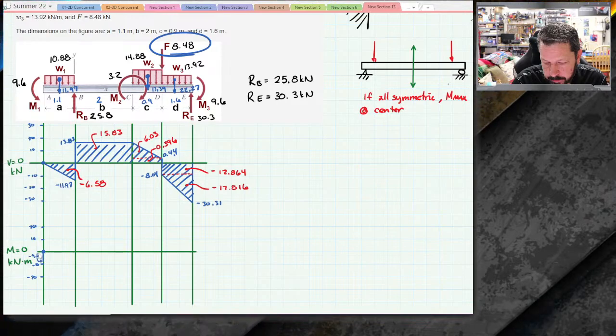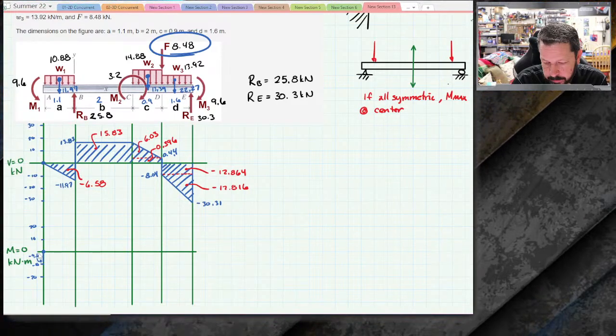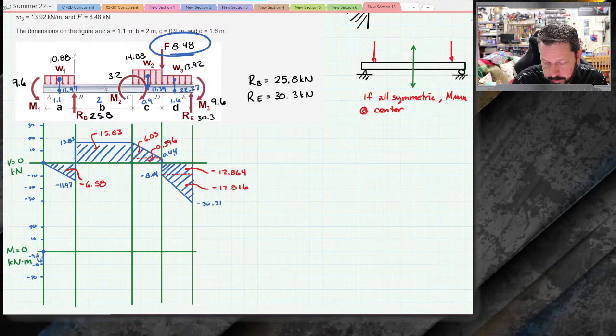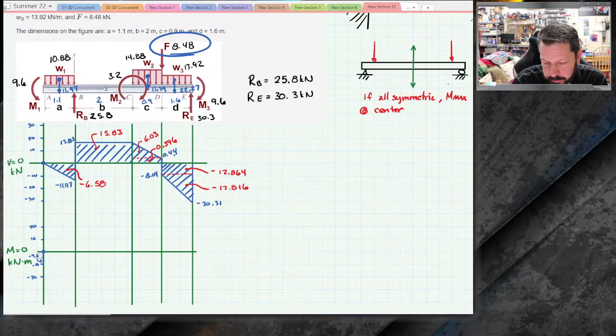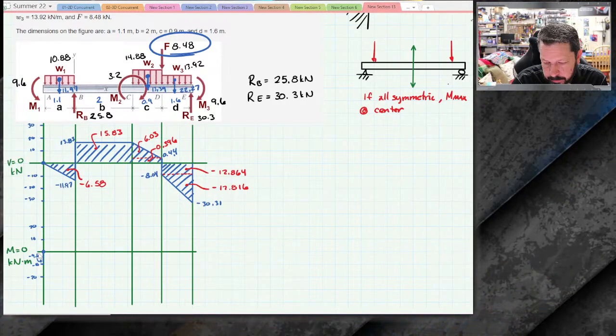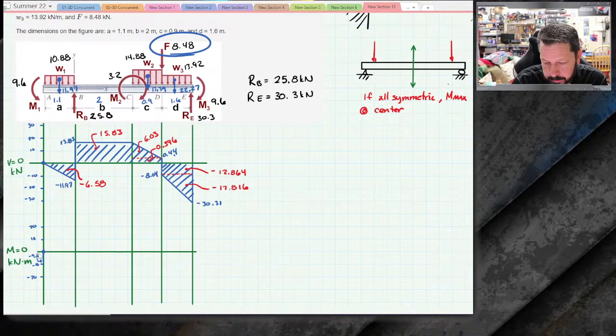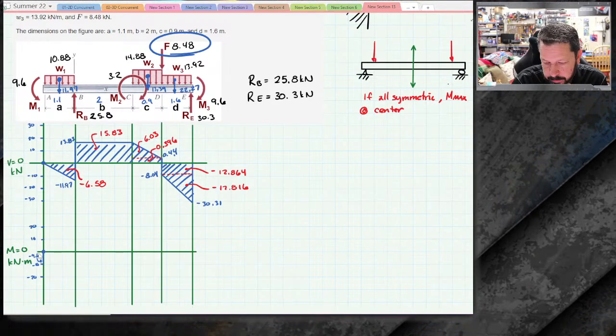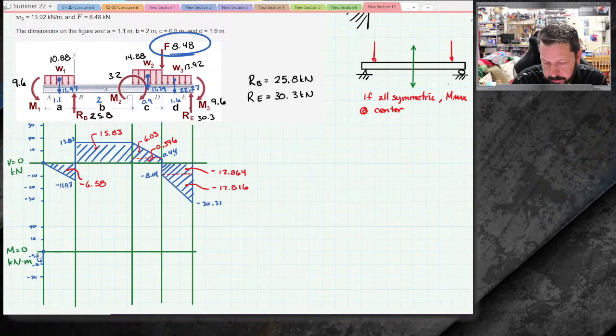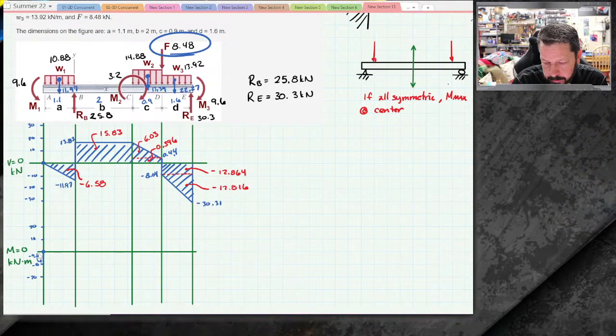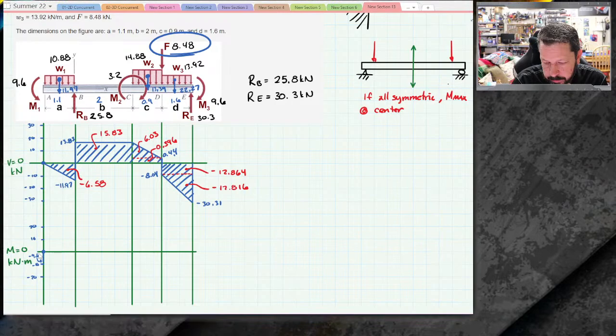We'll put that kind of crowded right there. Then we've got a shear force that is increasingly negative. So that means our slope is getting steeper, but the negative part means that it's sloping downwards. So it generally has a negative slope, and it goes from this negative 9.6 that we're currently at.